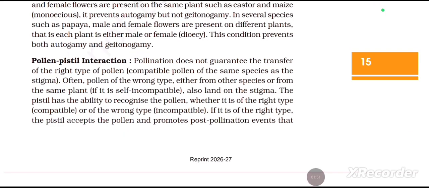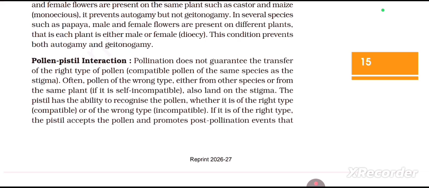Pollen-pistil interaction. Pollination does not guarantee the transfer of the right type of pollen, compatible pollen of the same species, to the stigma. Often, pollen of the wrong type, either from the other species or from the same plant, if it is self-incompatible, also lands on the stigma.